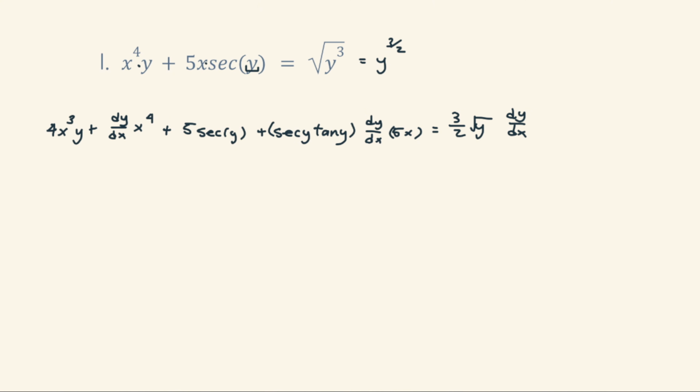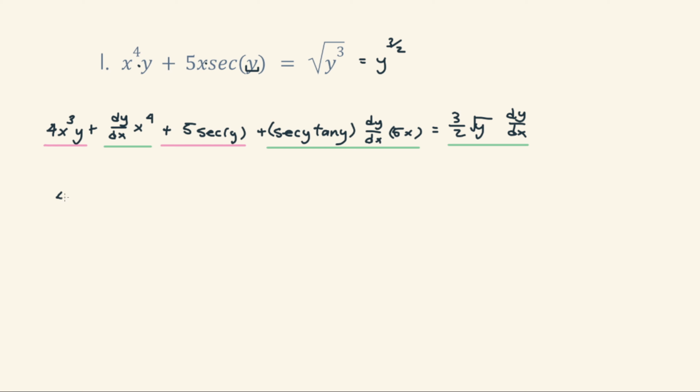Okay, so here we've got a term with dy over dx, same over here, and same over here. And here we've got no dy over dx's. Okay, but since these two pink terms are already on the left, how about we just put the dy over dx's on the right, and then we're going to factor out the dy over dx.